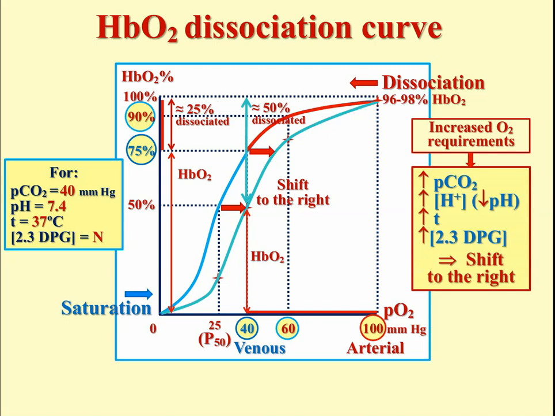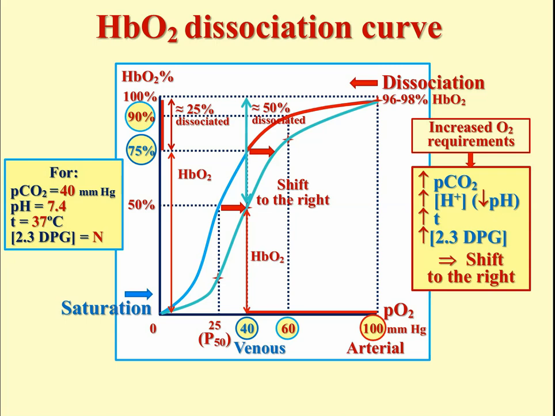PCO2 increases, H plus concentration increases, and temperature increases, and you know that all metabolic needs become higher. So oxygen delivery becomes not enough, and so the requirement for oxygen increases. And about 2,3-diphosphoglycerate, I already said that it is produced under hypoxia. So its amount is directly proportional to the degree of hypoxia. And all these factors produce a shift to the right.